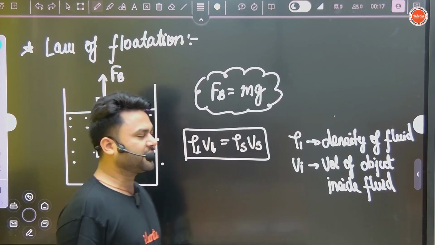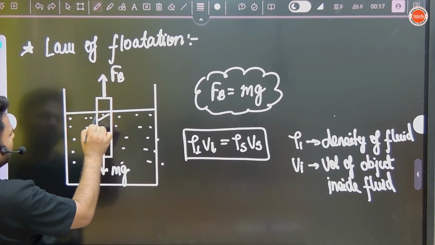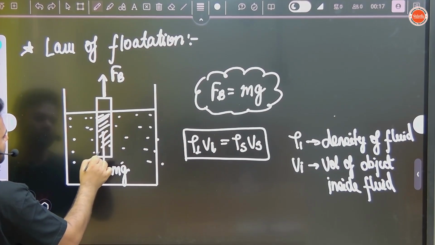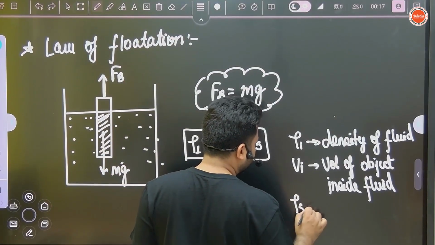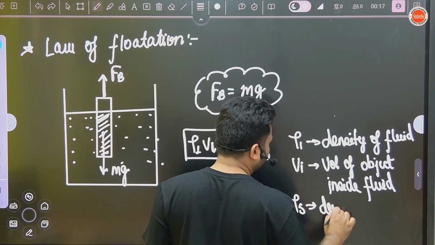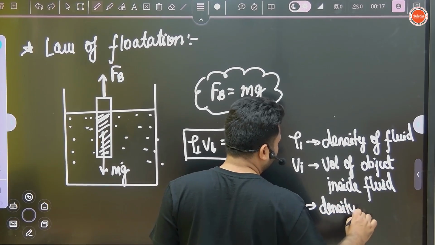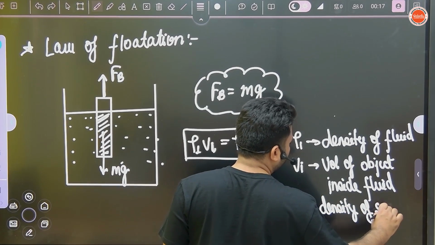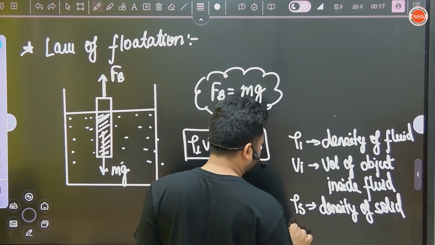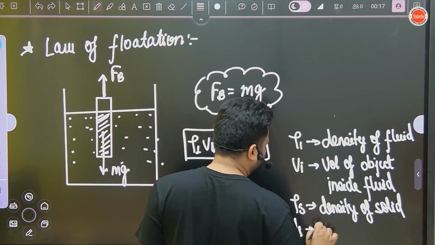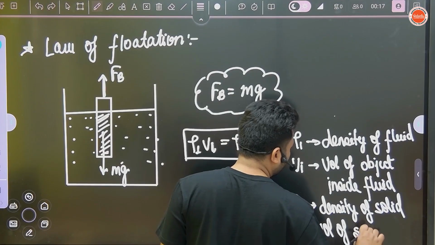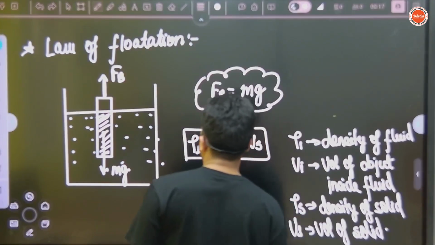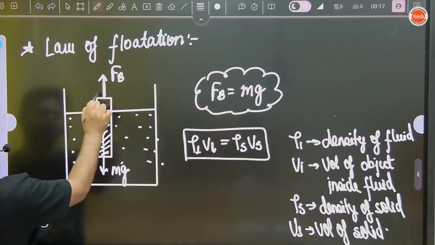What volume of the object is inside the fluid? Means this volume I am talking about. What is rho S? Density of solid, means the object. And what is Vs? Total volume of the solid. This total volume means from here to here.